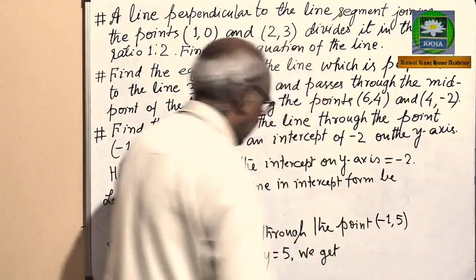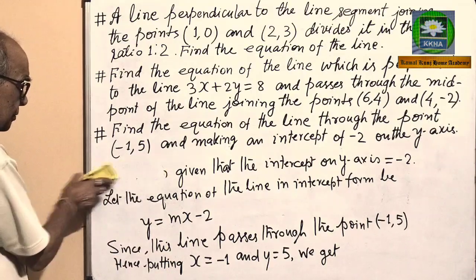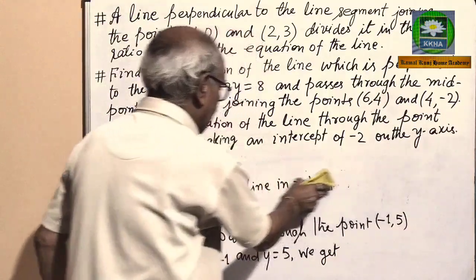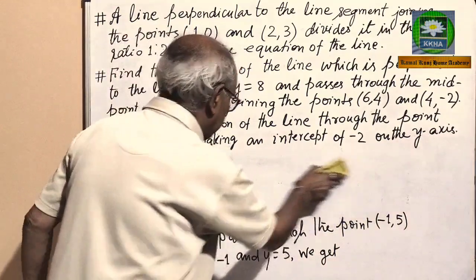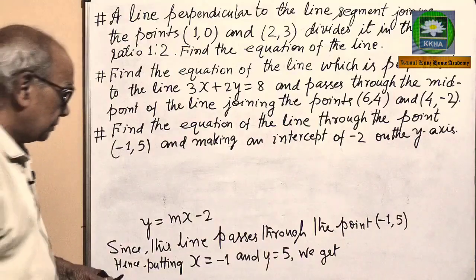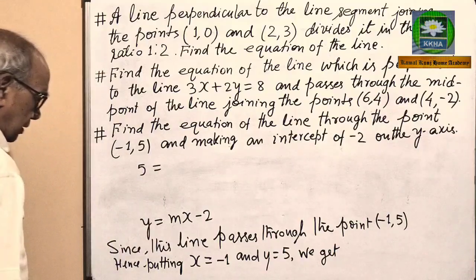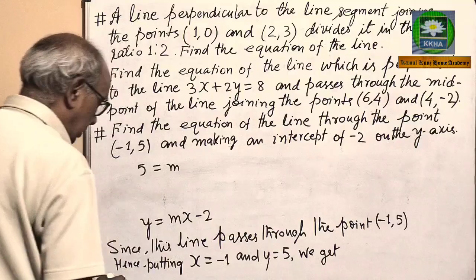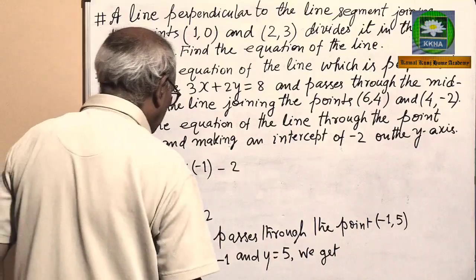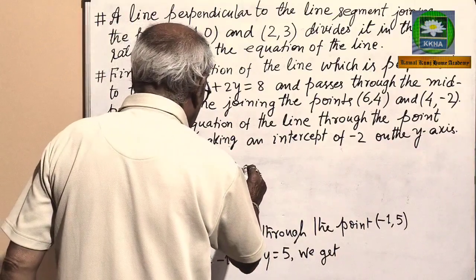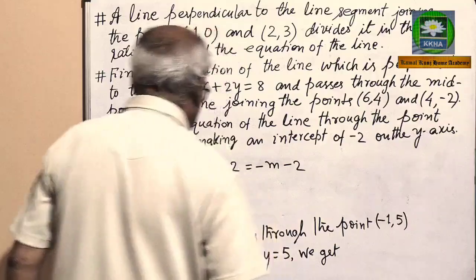we get 5 = m into (-1) - 2. This is equal to -m - 2.